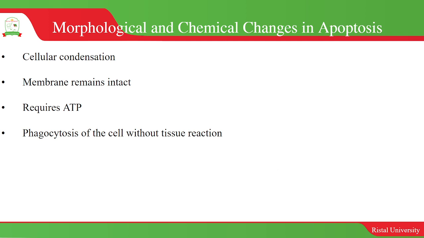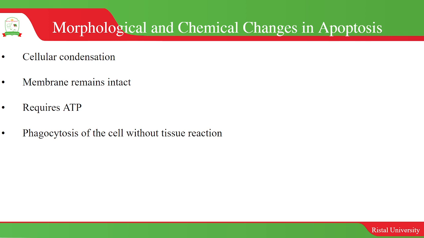So what happens if the cell dies in a programmed way? That means that there is a sequence of reactions that are set into motion for the cell to die. So what do we see if the cell is dying? Usually you see the genetic material getting condensed.